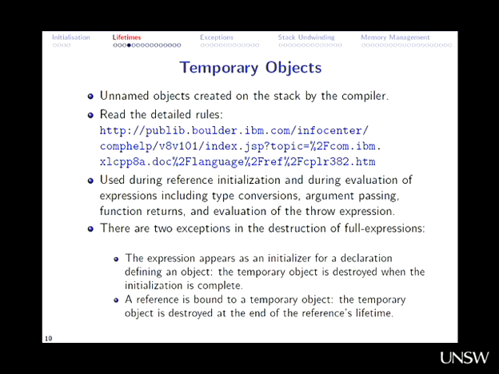Okay, there's a whole lot of rules for when they get created, but generally they're used during reference initialization, during the evaluation of expressions, including type conversions, argument passing, function returns, and evaluation of throw expressions.